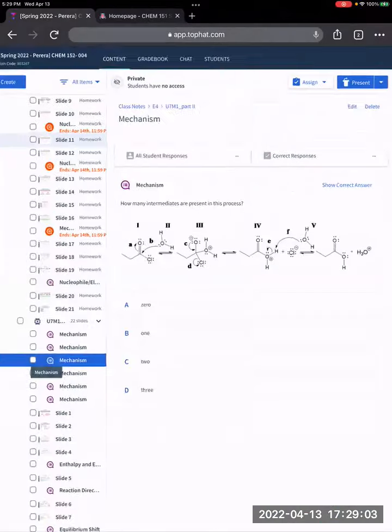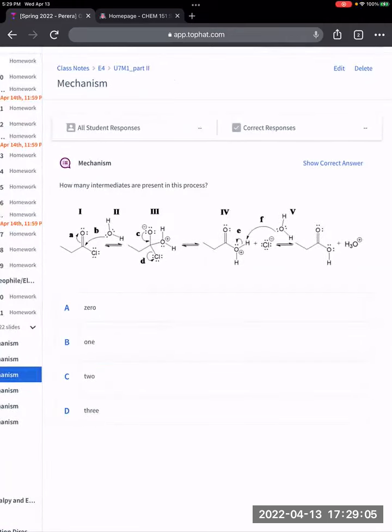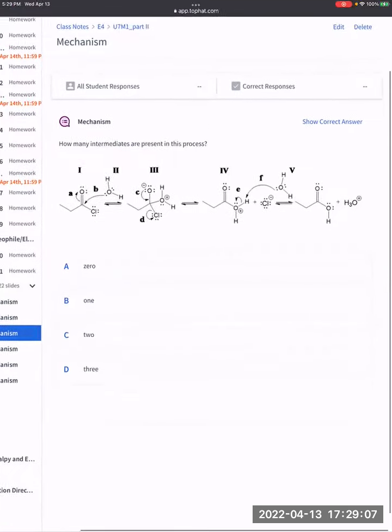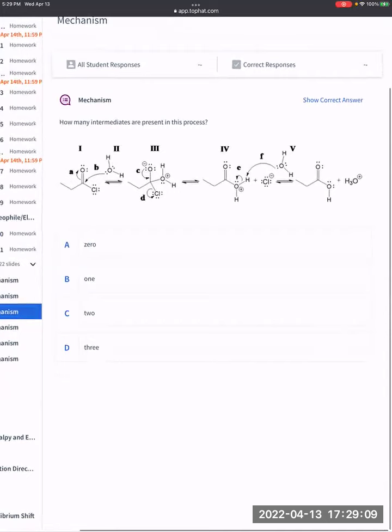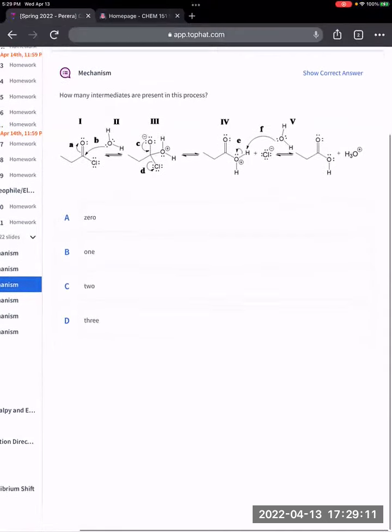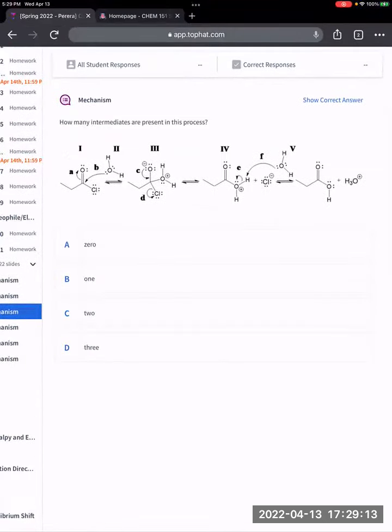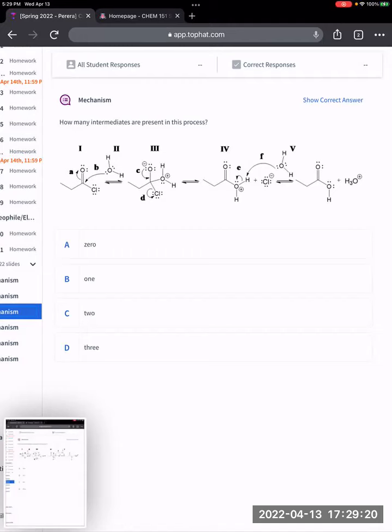Really not, but that is okay. It's okay to do this again. Whenever we have a question like this, I suggest that we write out each step, so that we can determine the intermediates, reactants, products and catalysts very easily.